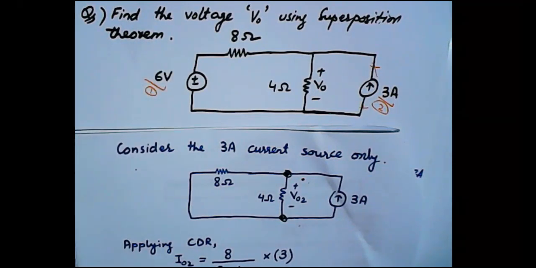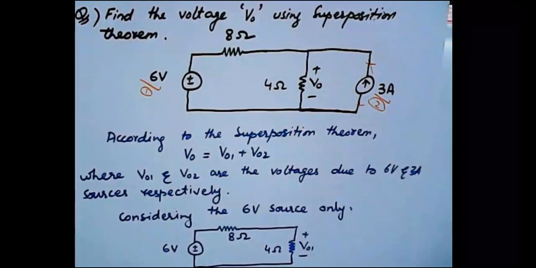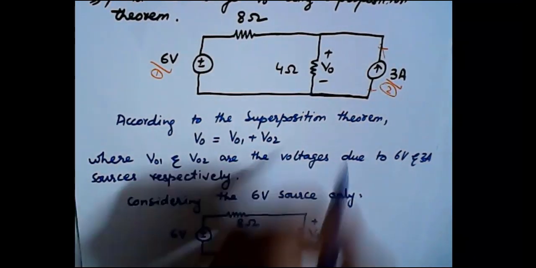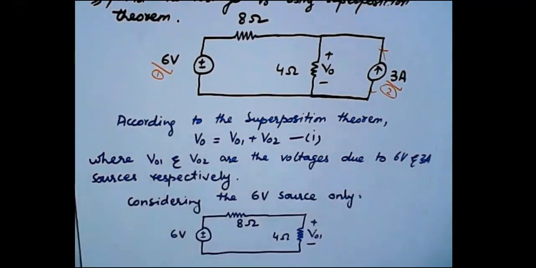We could also have applied mesh analysis. We could have applied nodal analysis to find the value of V naught. But since it was mentioned in the question that we need to solve it by using the superposition theorem, we need to consider one source at a time.